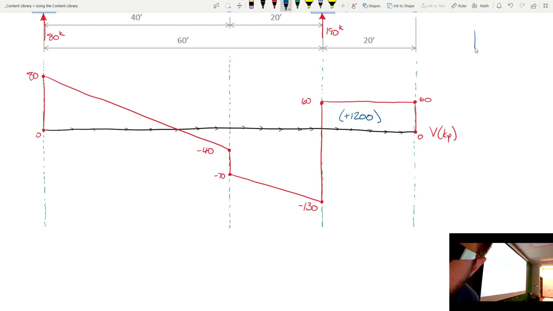So we have, this is minus 70. This is minus 130, and it is 20 foot long. So if you want that area, just take 20 feet times the average of these two numbers.